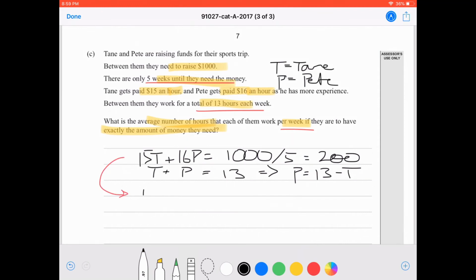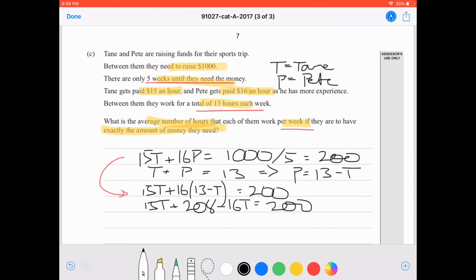And we say 15T plus 13 minus T equals 200. Okay, so 15T plus, now 16 times 13 is difficult. 16 times 10 is 160. 3 times 16 is 48, so 208 minus 16T equals 200.